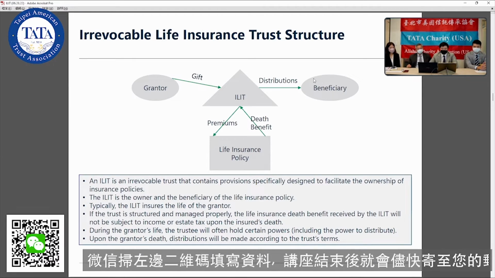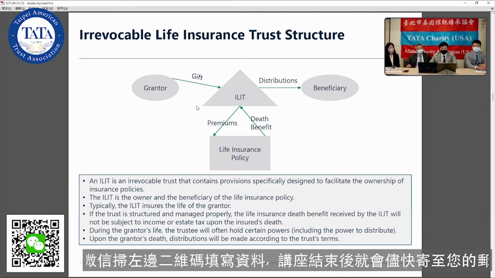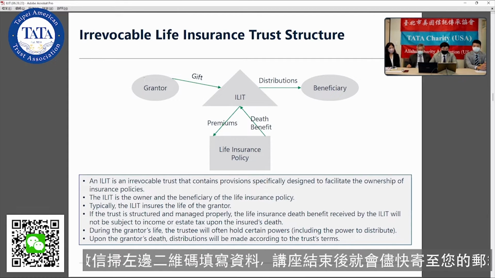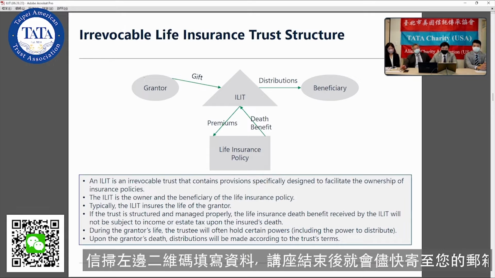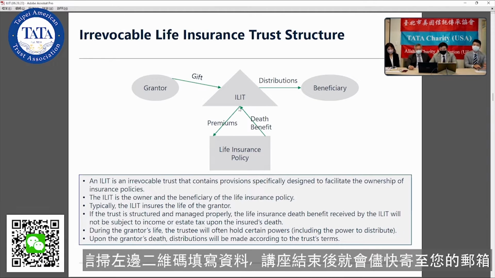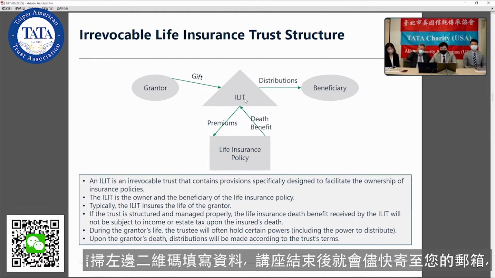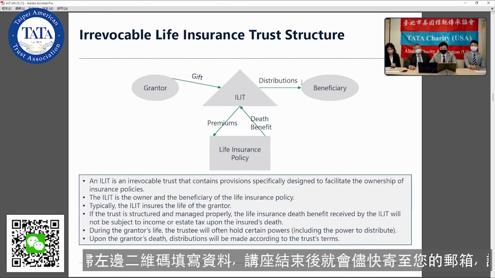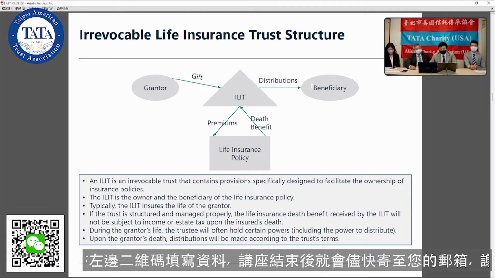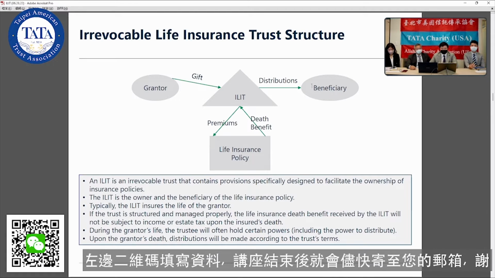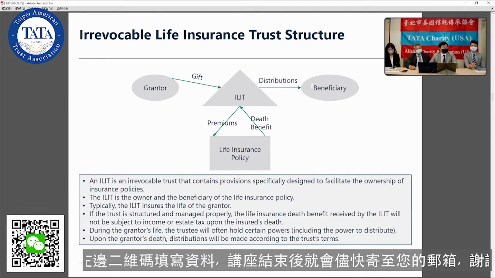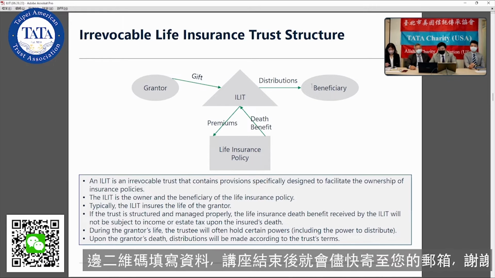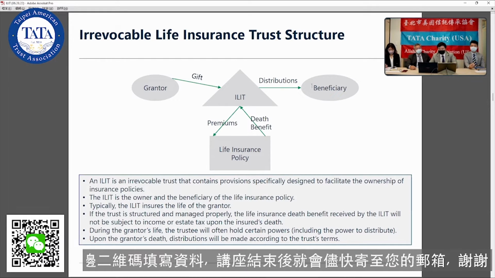So the grantor usually gifts cash from offshore. The grantor moves cash from maybe China or from Taiwan to these ILITs, and then this ILIT would make the death benefit distribution to the beneficiary in the States. And if this beneficiary is set up as an irrevocable US trust, it can then use this cash for further reinvestments in the States.